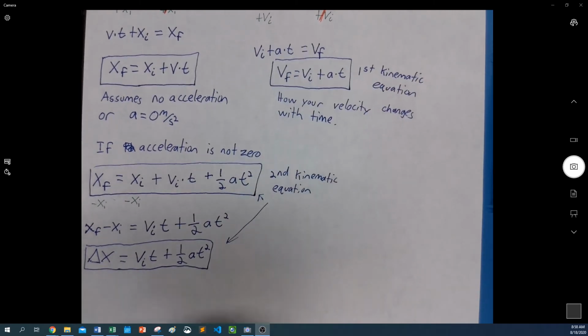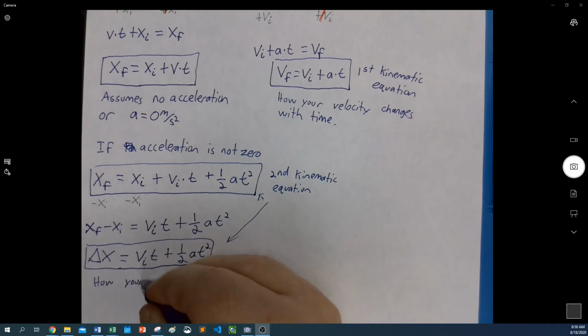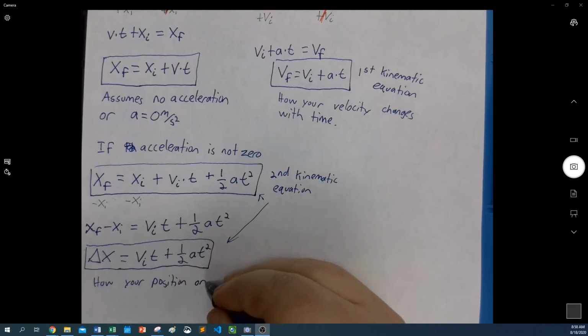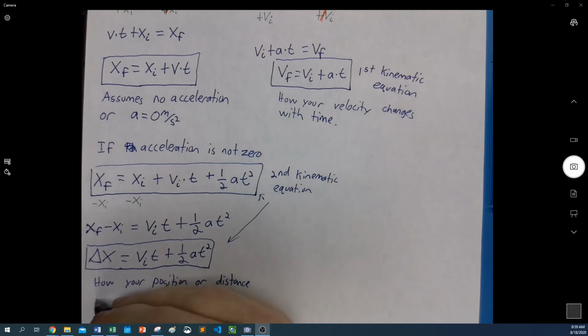This equation tells you how your position or distance changes with time.